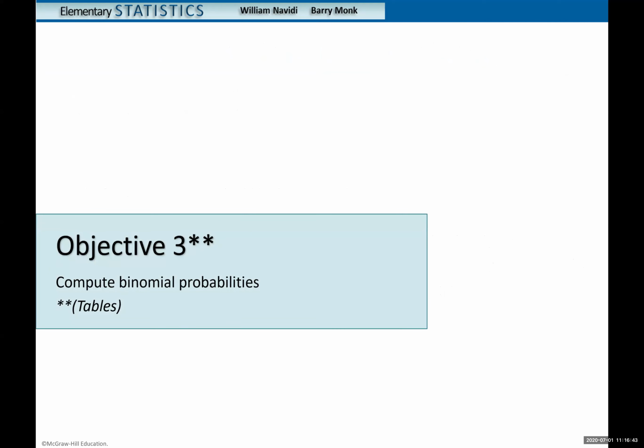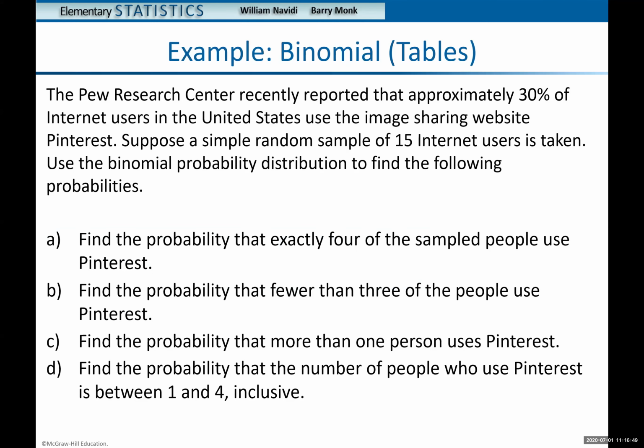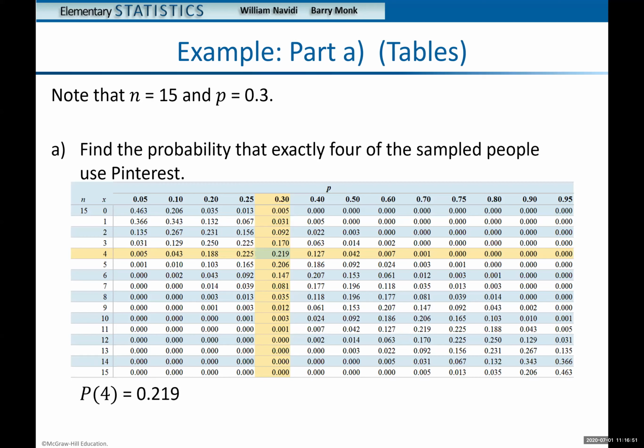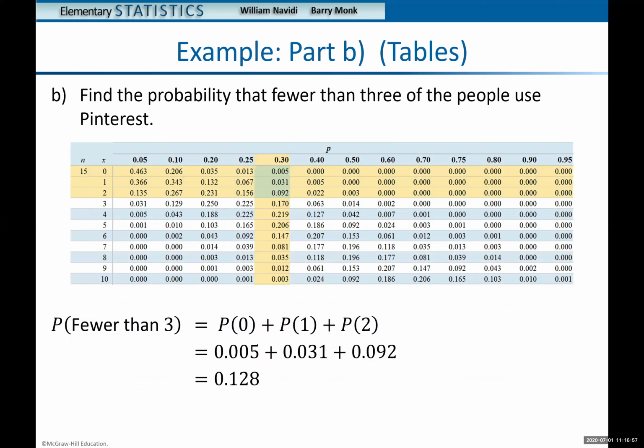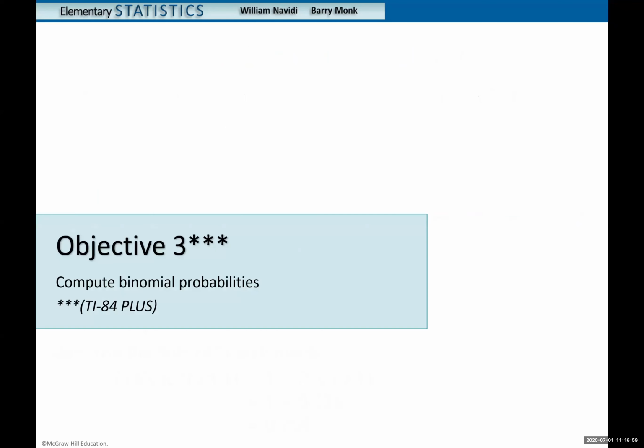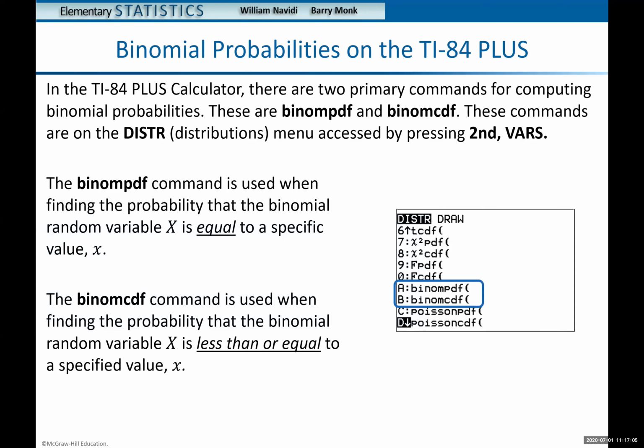You can also use tables, and we're not going to use this because I'm not providing you a table, although if you have a book, you have the table just to get the answers. What we're using is a TI-84. Take note of this. We're going to use binomPDF if it's equal to the specific value, and binomCDF if it's less than or equal to the specified value.